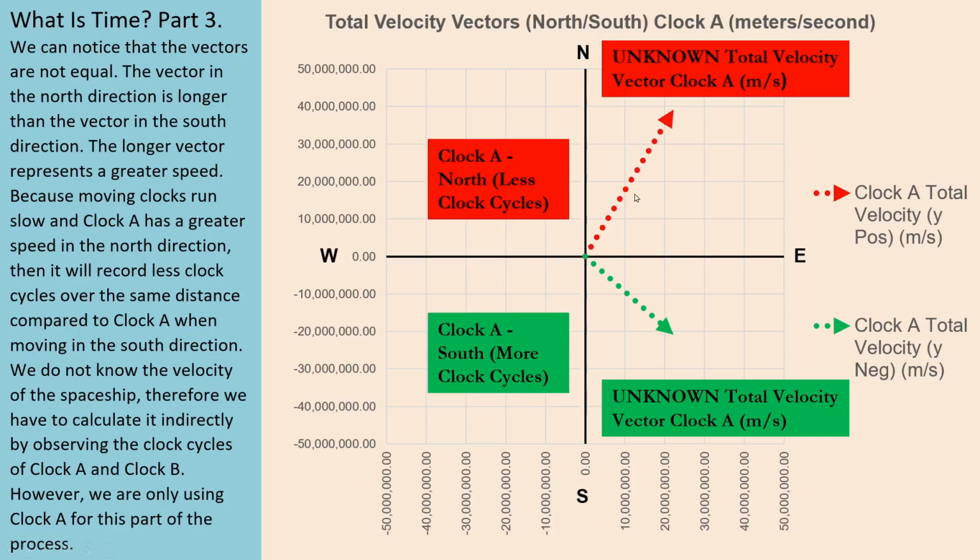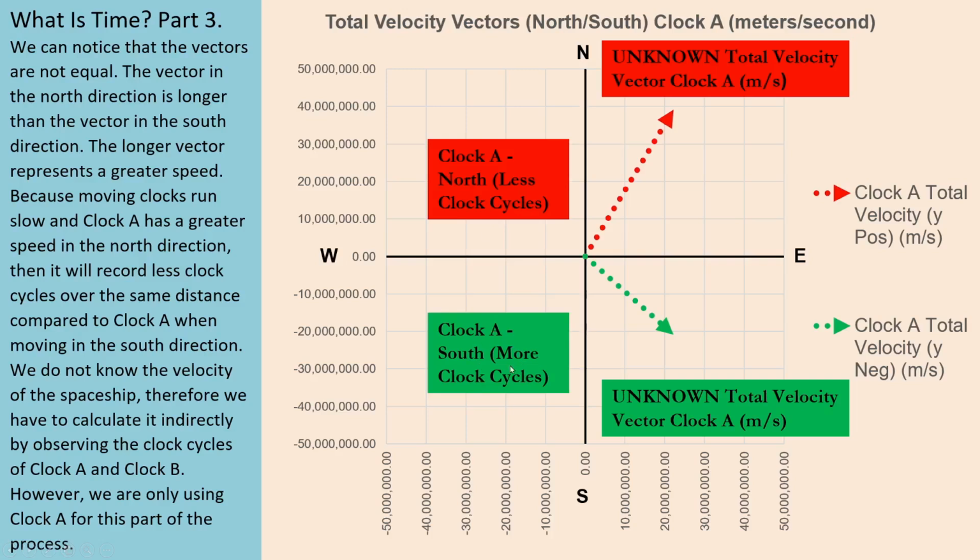And here we have the two velocity vectors that we do not know. These are unknown total velocity vectors from when clock A was in the clock accelerator, once going north and once going south. But what we do know is how many clock cycles were produced by the clock. Clock A, when moving in the north direction, produced fewer clock cycles than the same clock A when moving in the south direction.